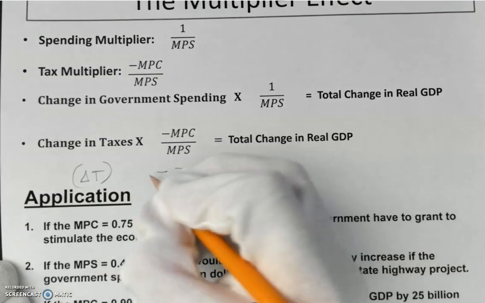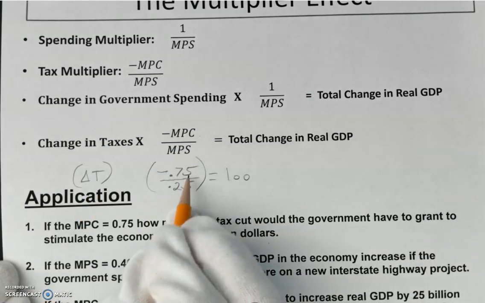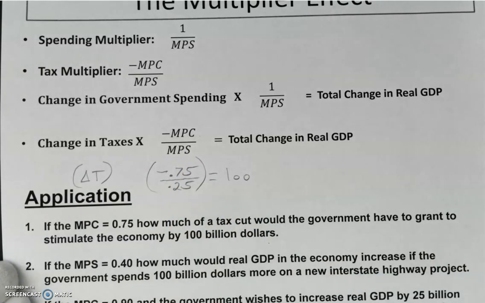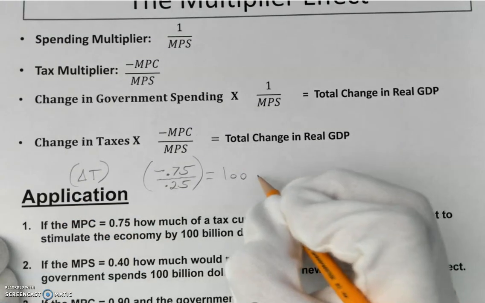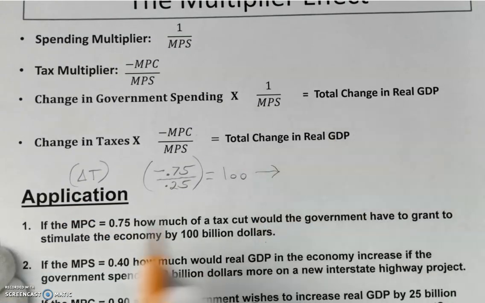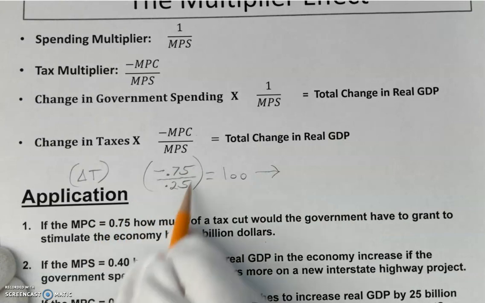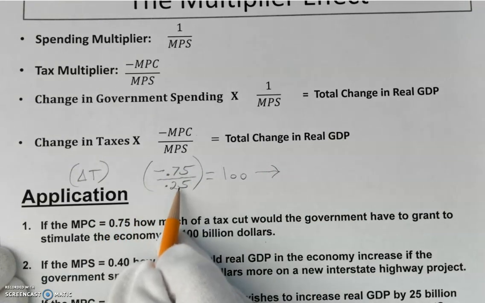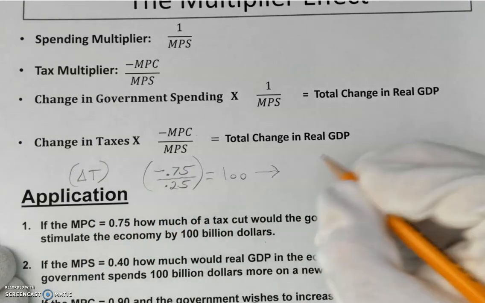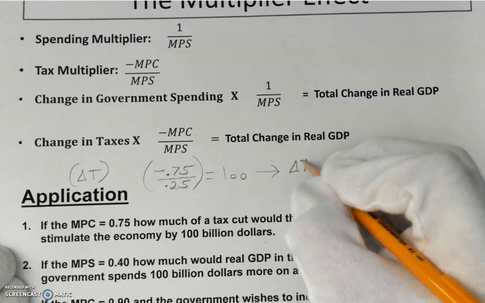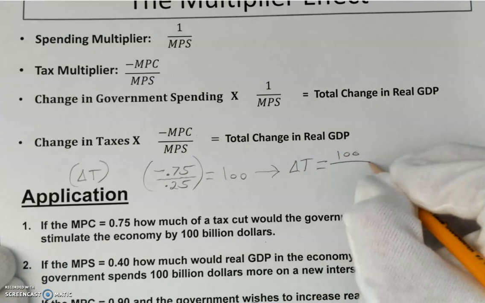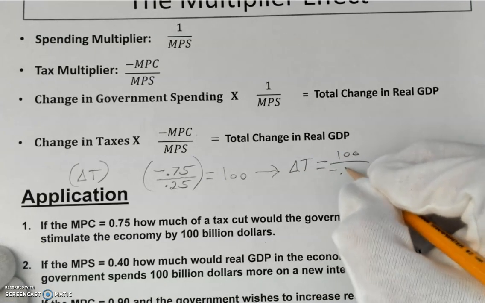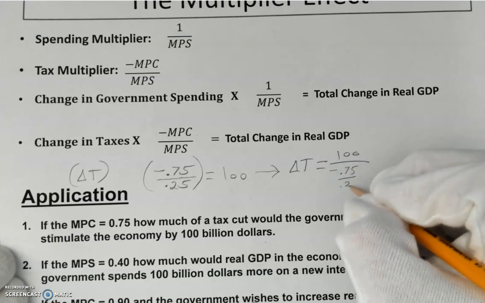The change in T multiplied by the tax multiplier must equal 100. Now, we want to solve for the change in T, so we need to take this multiplier and divide it into 100. So we end up with the change in taxes is equal to 100 divided by negative 0.75 over 0.25.